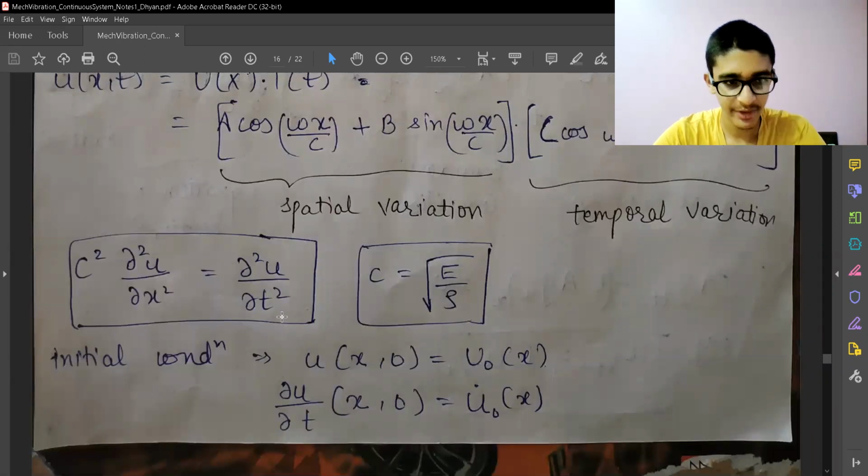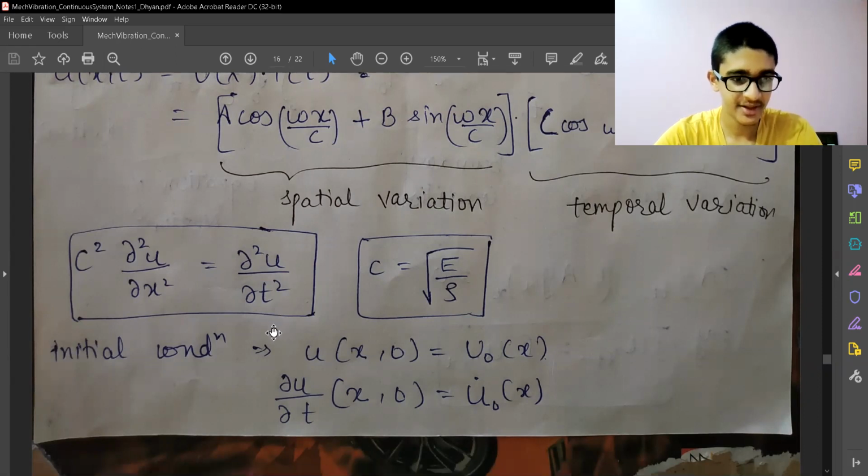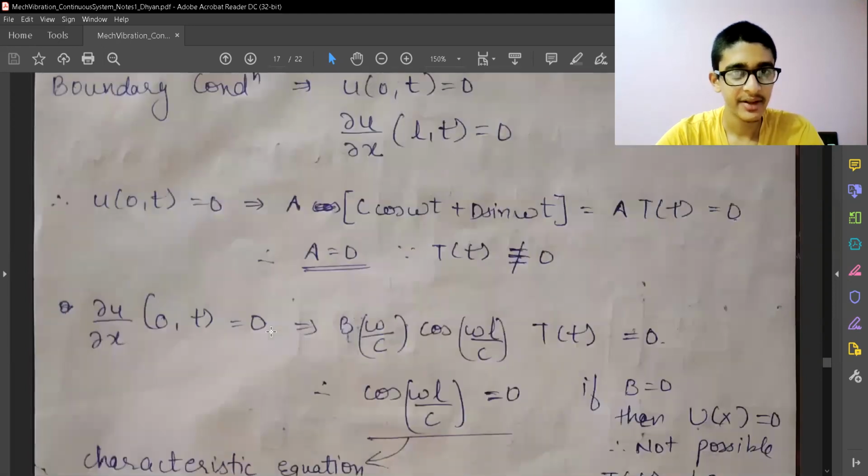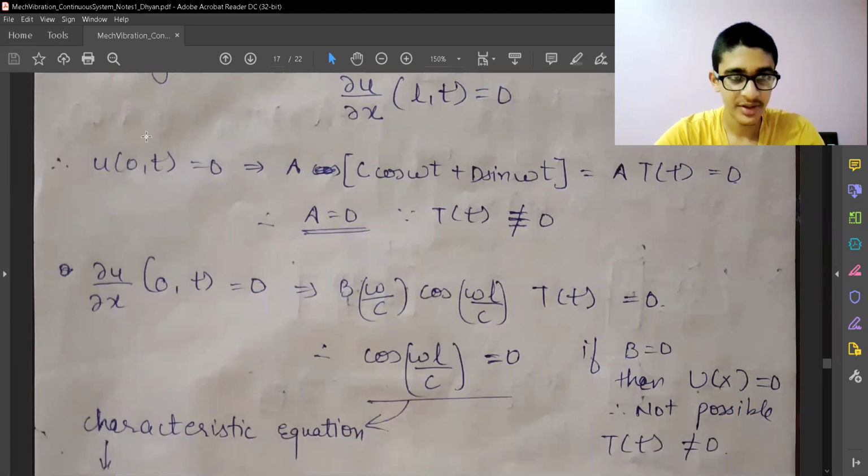I can have multiple different ways of getting initial conditions where I have defined displacement, velocity, impulse. Then I can have momentum, kinetic energy, anything I can define. Similarly, in boundary conditions also, I have force and velocity, force and displacement boundary conditions. So I can have a combination of those. Let's use whatever boundary conditions and initial conditions are given.